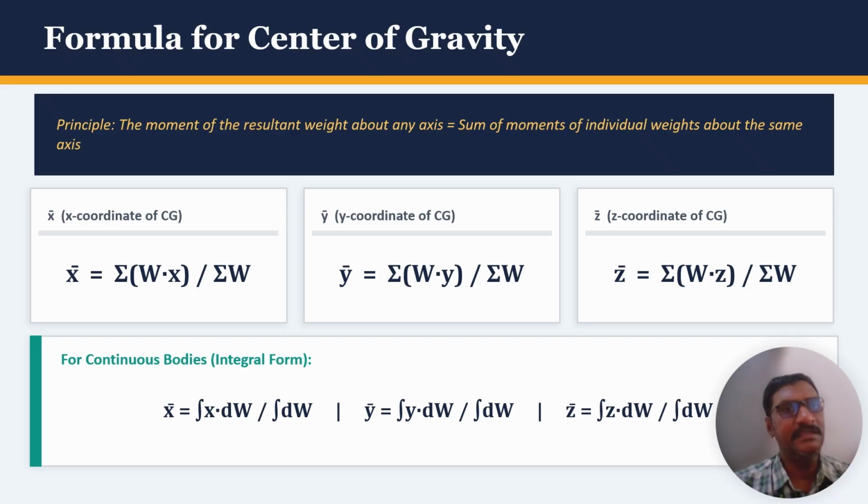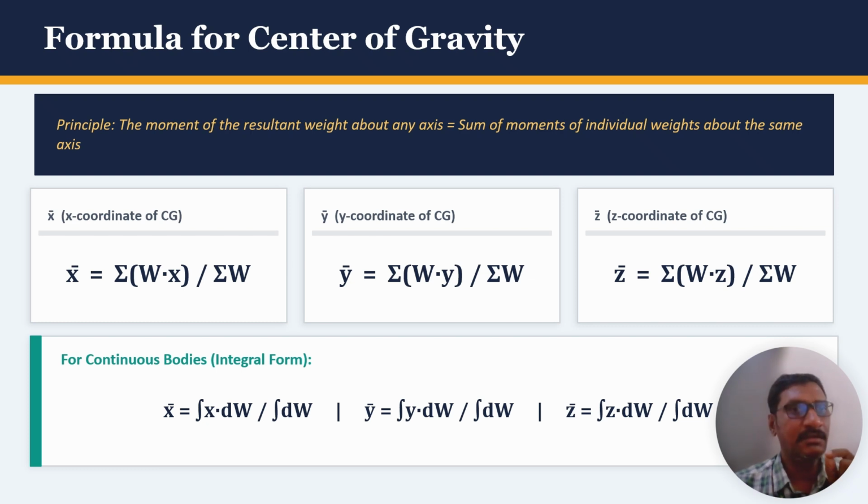There are three important things to note about this formula. The first is, you need a clearly defined reference axis. The value of x bar and y bar will change depending upon where you place your origin, so always define your reference axis clearly at the start itself.